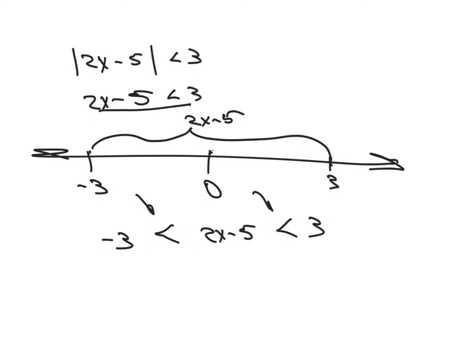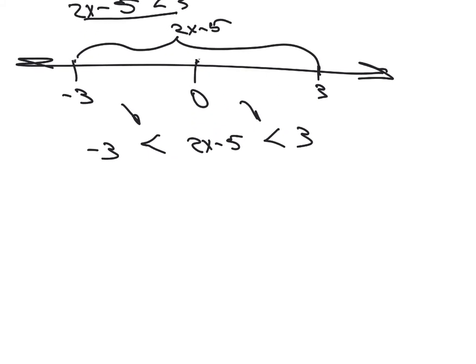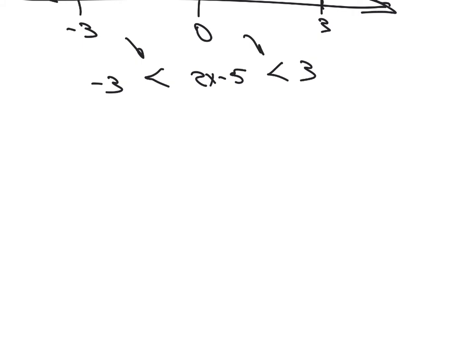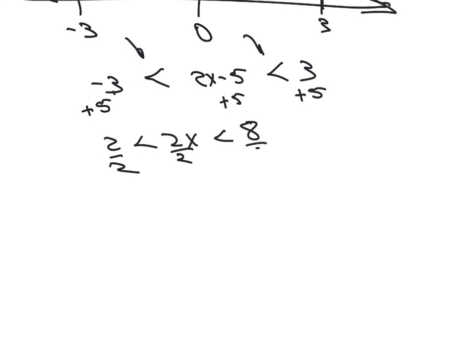So let's go ahead and solve it. Remember when we had 3 pieces to this in an earlier section? If we want to isolate the x, we add 5 to all 3 places. And then we divide by 2, divide by 2, divide by 2. 1 is less than x, which is less than 4.